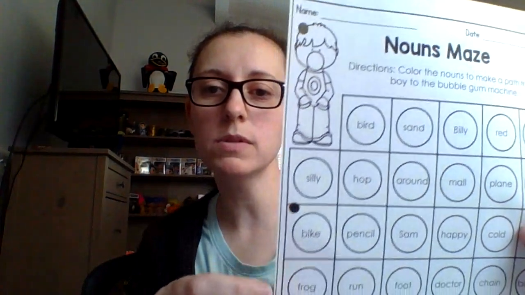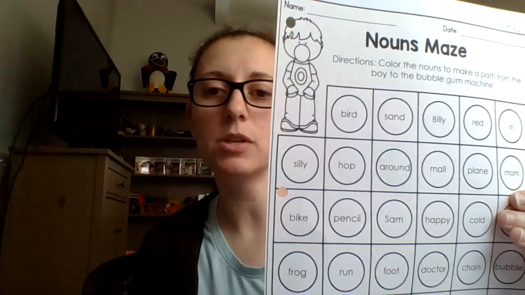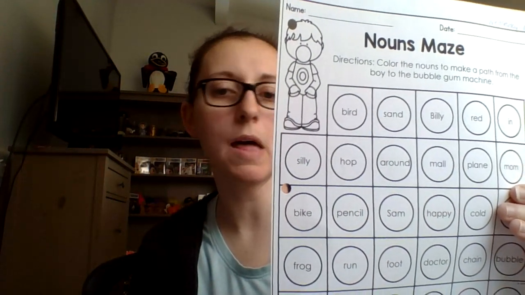So we went over the worksheet for tomorrow because I thought that one was a little bit more difficult than the nouns worksheet that you have assigned for today. So this is the worksheet for today. It's the nouns. What you're going to do is color in just the nouns, not the verbs.